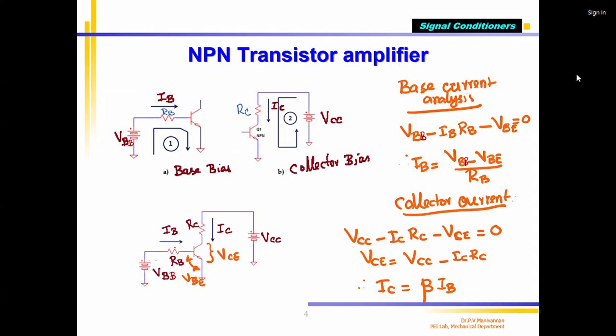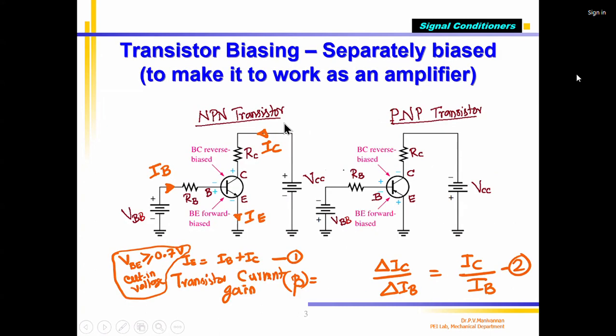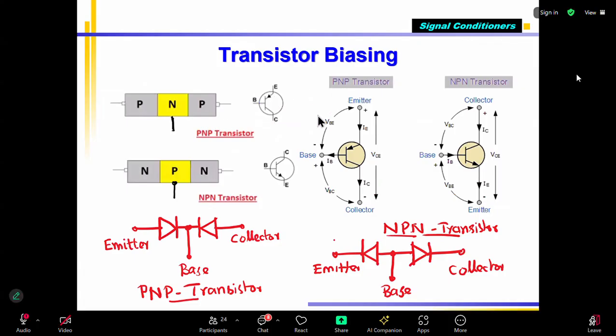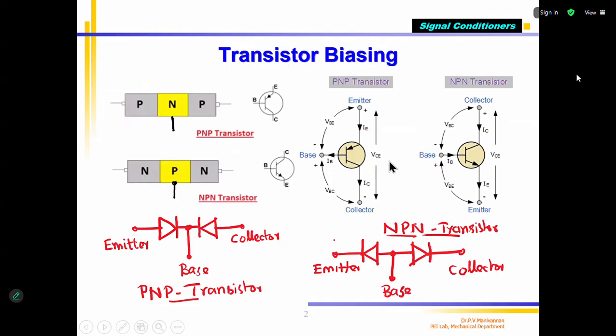Please, sir. Yeah. So yesterday we were talking about the transistor. Specifically, we started what is a transistor. It is a three-terminal, three-layer semiconductor device which can amplify the electrical signal. The electrical signal input is given to the base terminal, which is called base current IB. That will be multiplied by beta times, which we call the current gain of the transistor. That is decided by the manufacturer of the transistor. You cannot change it.